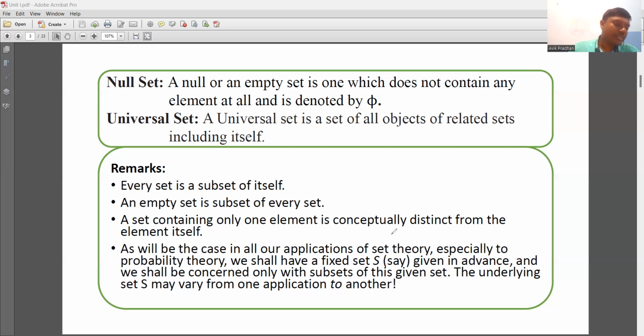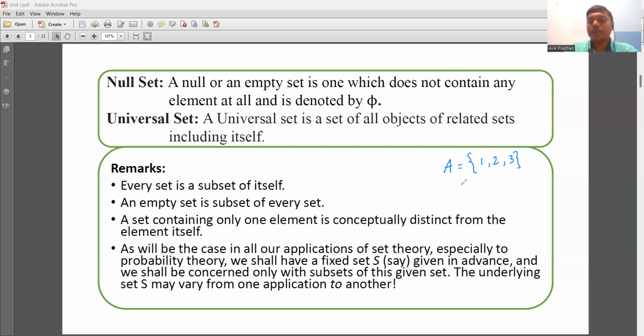So here I should mention one thing. If I have a discrete set, for example, suppose A equal to 1, 2 and 3, then in our probability theory we are actually concerned with the subsets of this set.